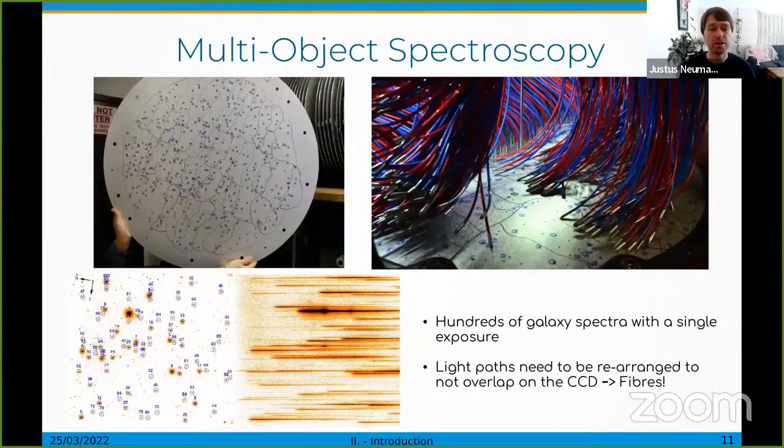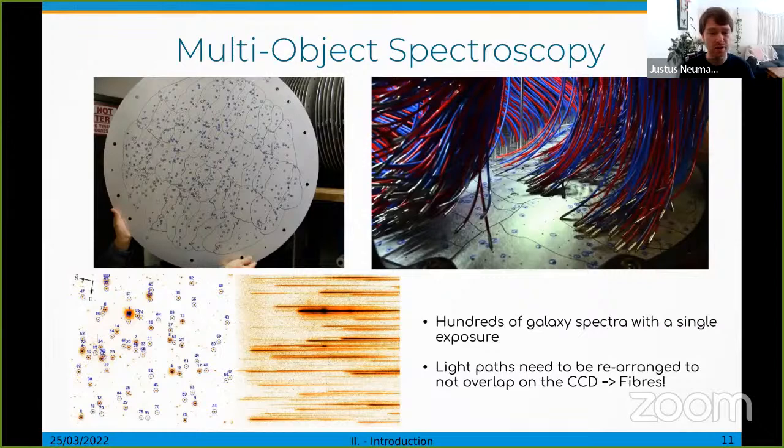Now, there have been huge advances in the field, where using the technique of multi-object spectroscopy, we can take hundreds of galaxy spectra with a single shot of observations. When we do this, there's a technical complication.